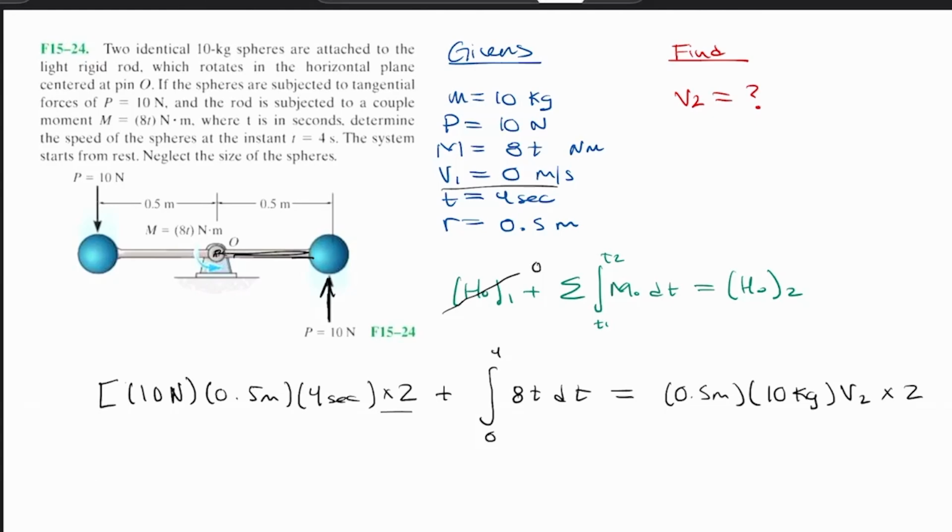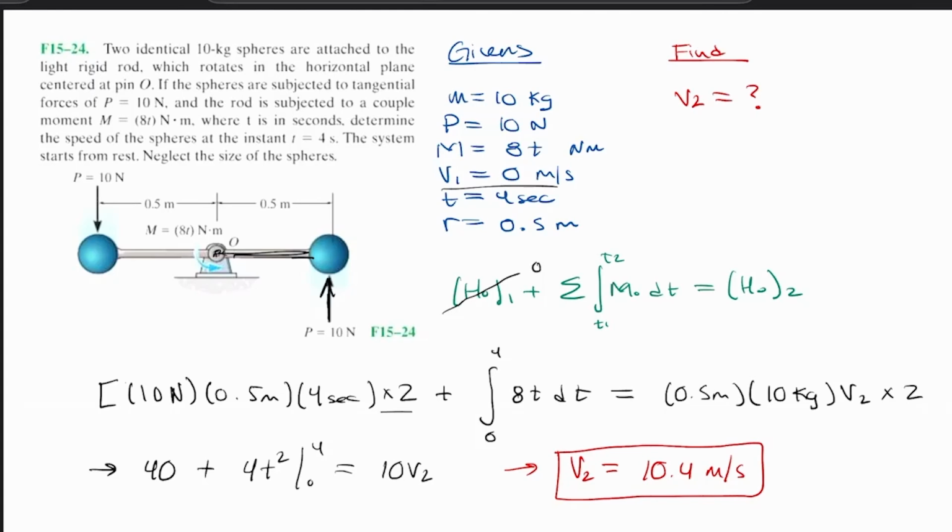So if we bring things together, we get 40 plus 4t squared evaluated from 0 to 4 equals 10 V2. So it's just a matter of substituting in the values, solving, and rearranging, and we should get that V2 equals 10.4 meters per second. This is the velocity it attains after the system starts to rotate for 4 seconds.